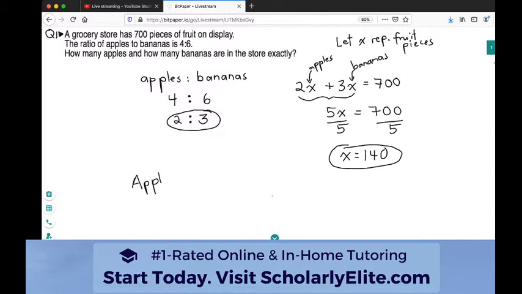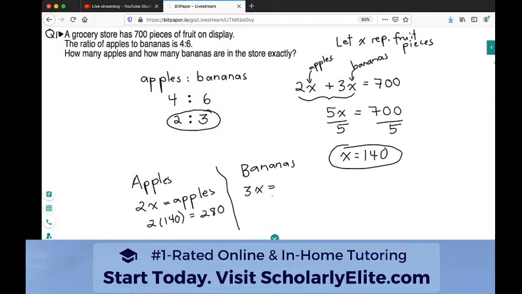So let's find out how many apples. Well, we have 2 times 140 apples. So 2x equals the number of apples. And that means that I'm going to go 2 times 140, which is 280. And then I'm going to solve for bananas. I'm going to have that equal 3 times x, which is the number of bananas.